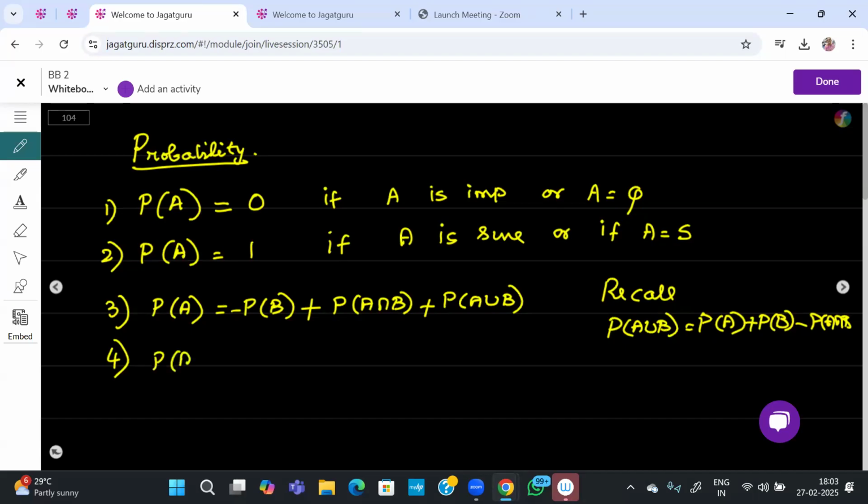Yeah, exactly. I like this, Ishan. Very good. 1 minus the non-occurrence. It's a very important aspect because A and A bar are always exhaustive. If you add the probability of the occurrence and the probability of non-occurrence, it will always add up to 1. So I like this answer. Apart from this, is there any other way of expressing P(A)?